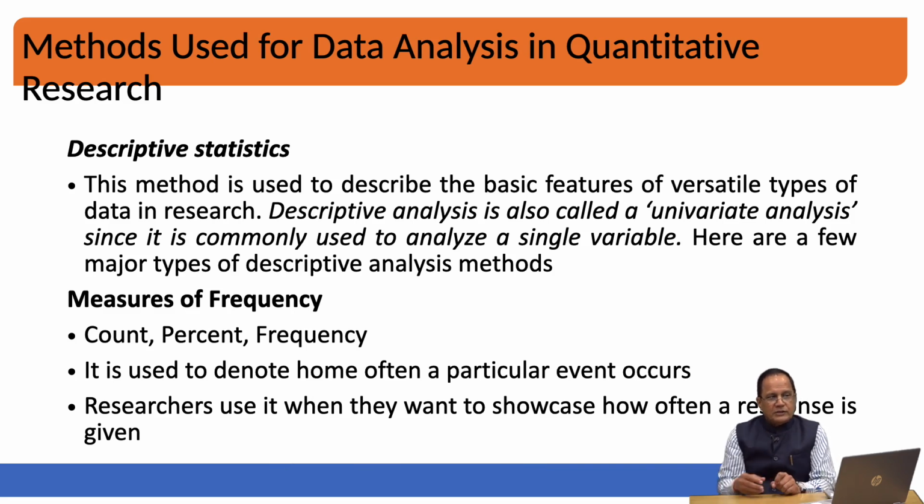Now, coming to the quantitative, again it is descriptive statistics. And in the descriptive statistics, it is measures of frequency and measures of central tendency, then measures of other factors for describing certain phenomena, certain concepts, certain activities or happenings.